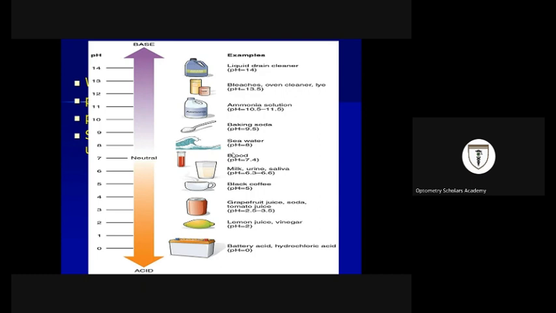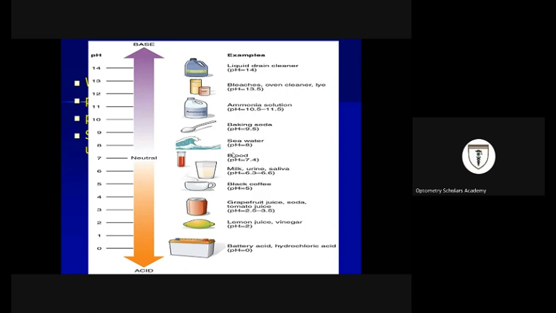So for those of us that swim, when you go into a swimming pool or the sea with your eyes open, you will notice the stinging effect of that water, because the pH of that water is basic, is alkaline, higher than the pH of your tear film.